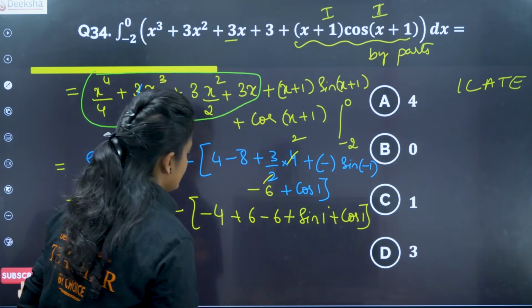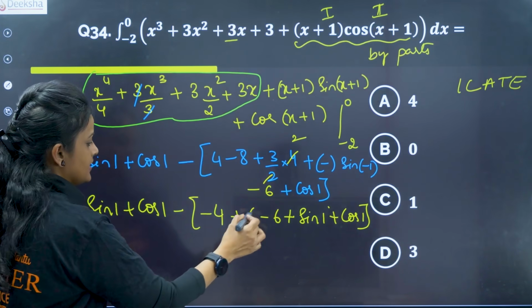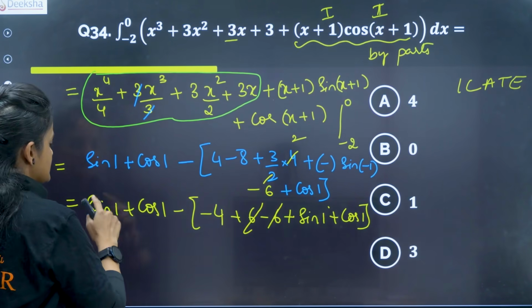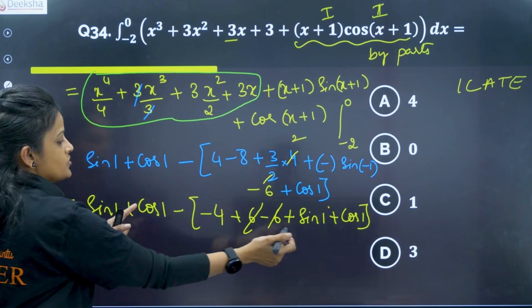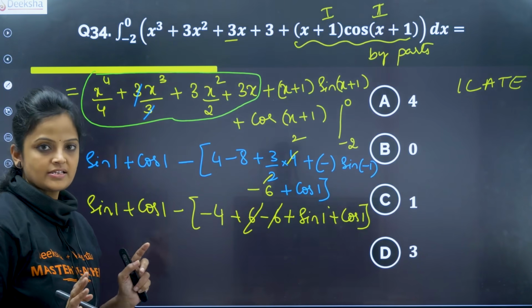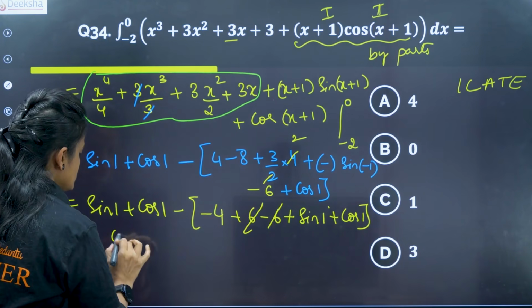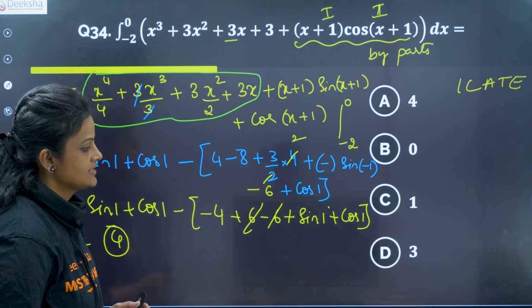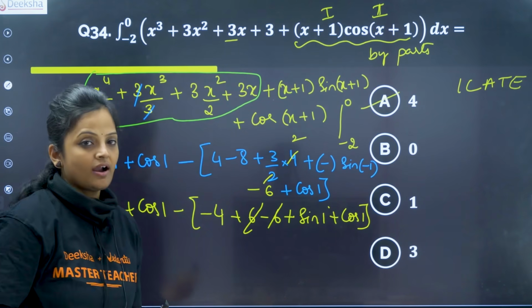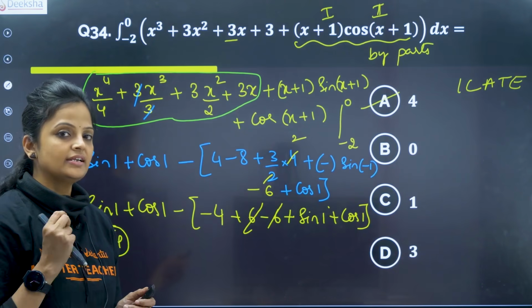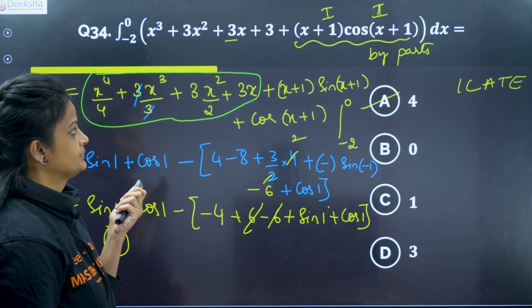So if you take the negative inside, this 6 is gone. sin 1 minus sin 1, and cos 1 minus cos 1 will get cancelled. I have minus of minus, so I'll get only 4 as the answer. Okay, try to do it correctly with as little simplification as possible, and it will be quicker.